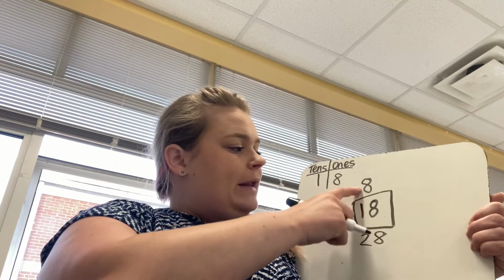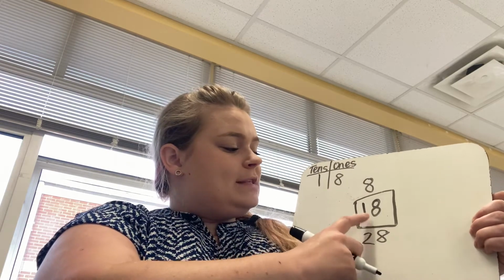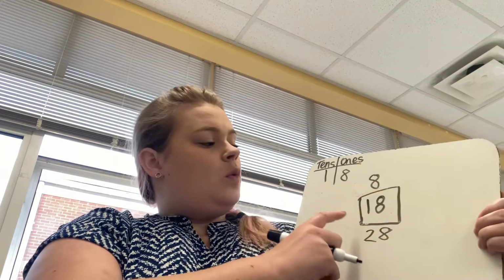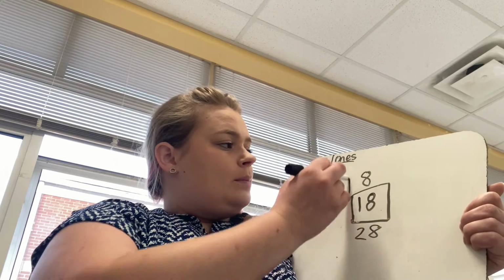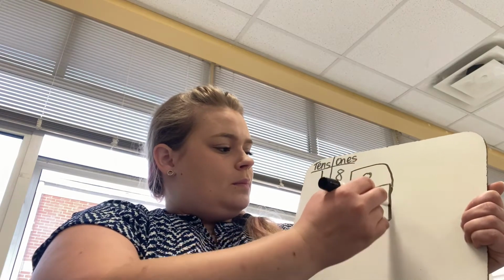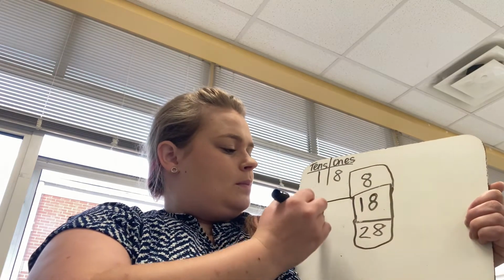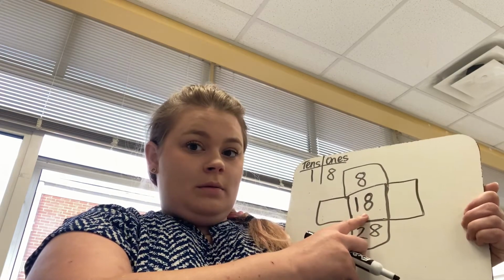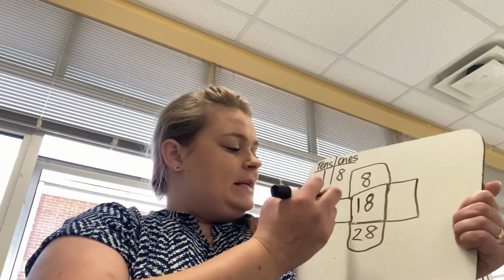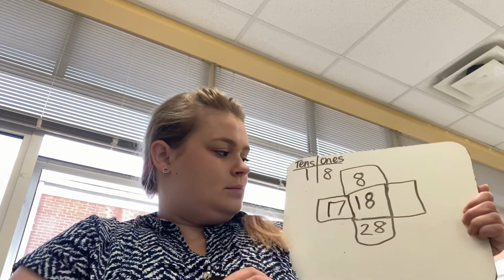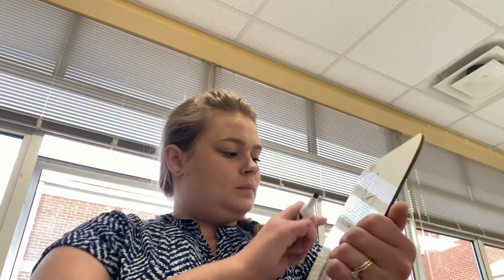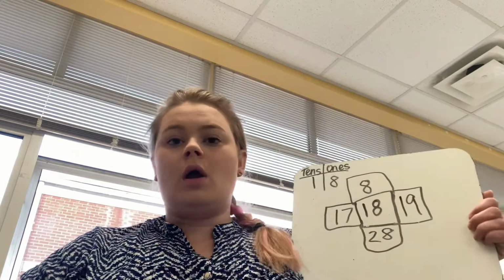So we don't even have to write anything. We have a 1 in the tens place here and a 2 in the tens place here. Then 1 less and 1 more. 1 less than 18 is 17. 1 more than 18 is 19.